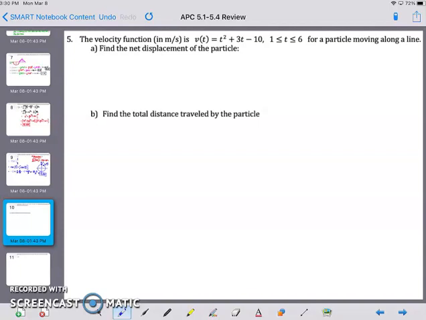I want to remind you that these two things are not the same. The net displacement is just where you start to where you finish, right? The integral of that distance.